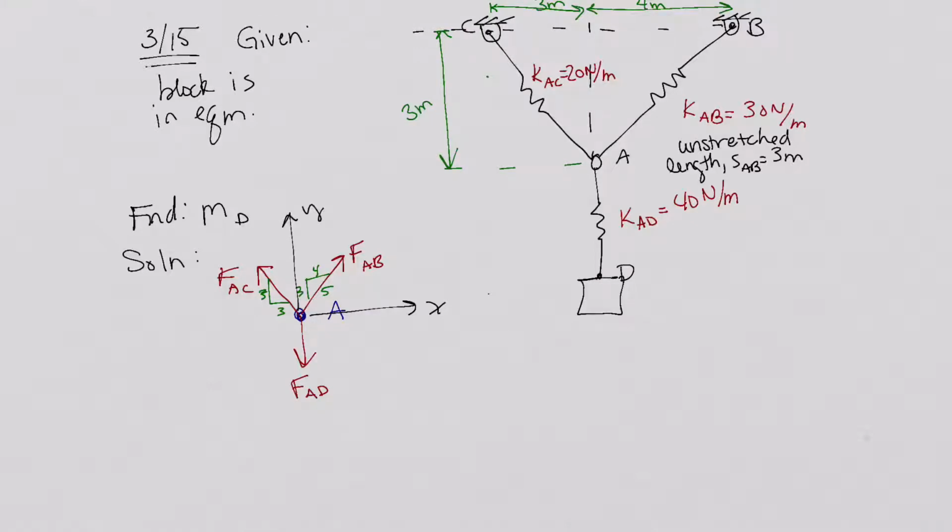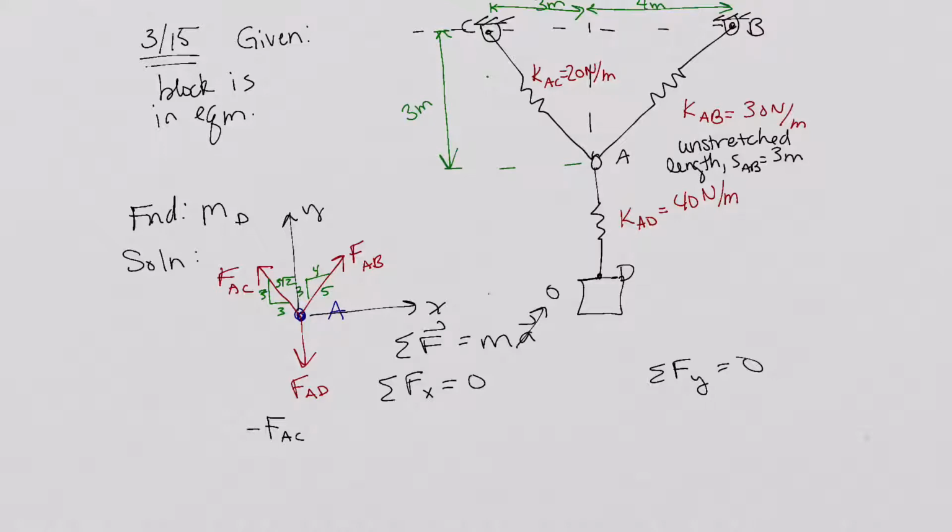So let's sum the forces. We know the sum of the forces equals mass times acceleration. It's an equilibrium, so that's 0. So the sum of the forces in the X direction equals 0, and the sum of the forces in the Y direction equals 0. So let's do the X direction first. So we basically have negative FAC times, for this triangle, the hypotenuse would be 3 times the square root of 2.